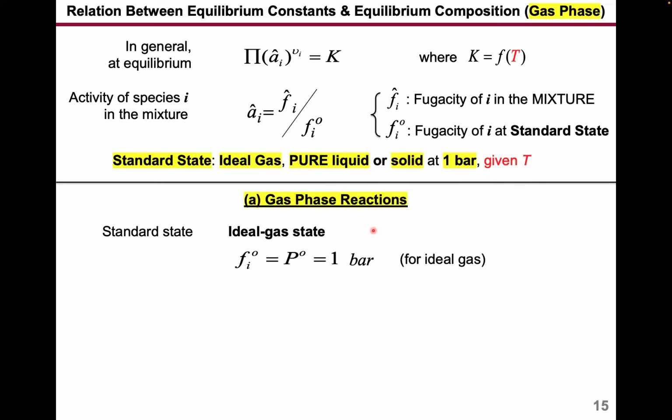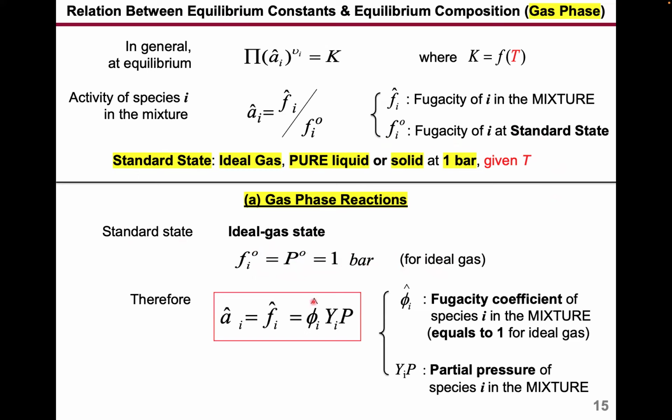Now for a gas phase reaction, let's say all the species, in either reactants or products, are gas. Then the standard state for gas is the ideal gas state, so f_i0 is just equal to P0, which is 1 bar. We already know that for an ideal gas, the fugacity is just equal to its pressure, and the pressure is P0, which is 1 bar.